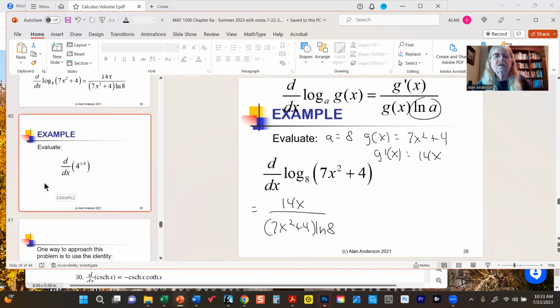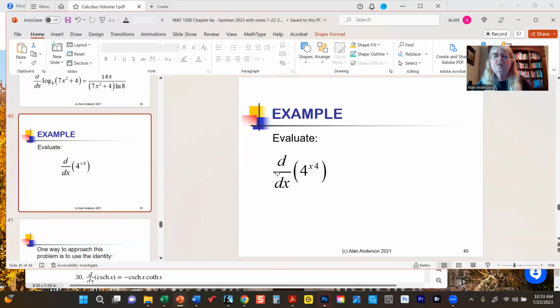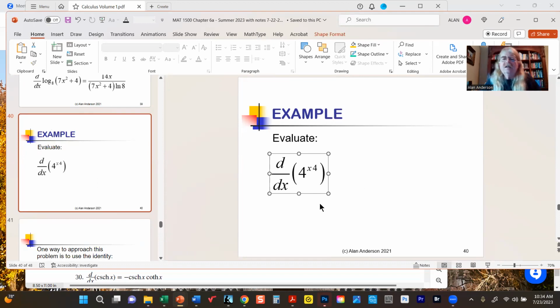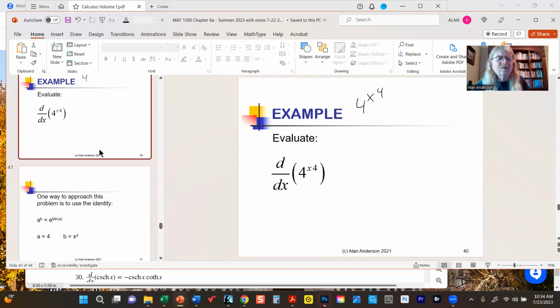Now, here's one that's kind of intriguing, where we can approach it a couple of different ways. The derivative of 4 to the x to the 4th power. Now that's supposed to say x to the 4th. It didn't turn out quite so well. What do we do now?